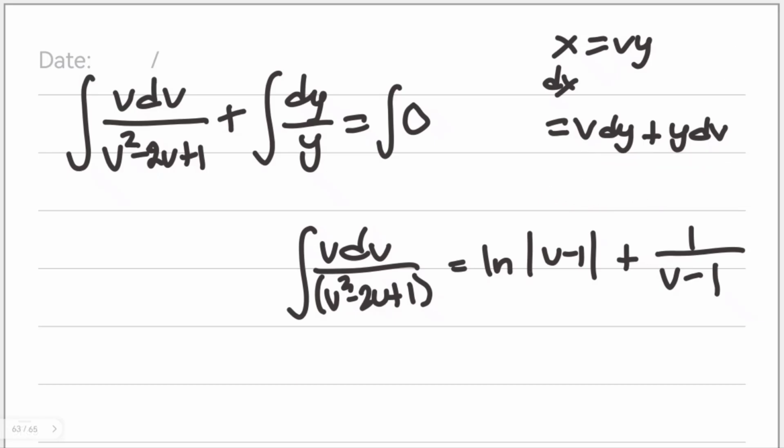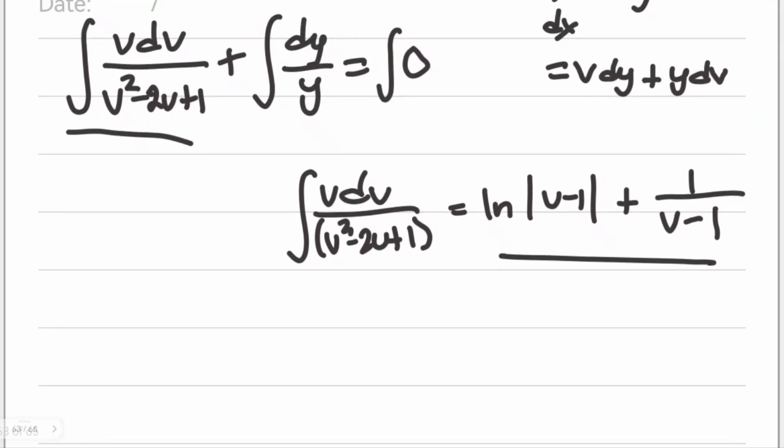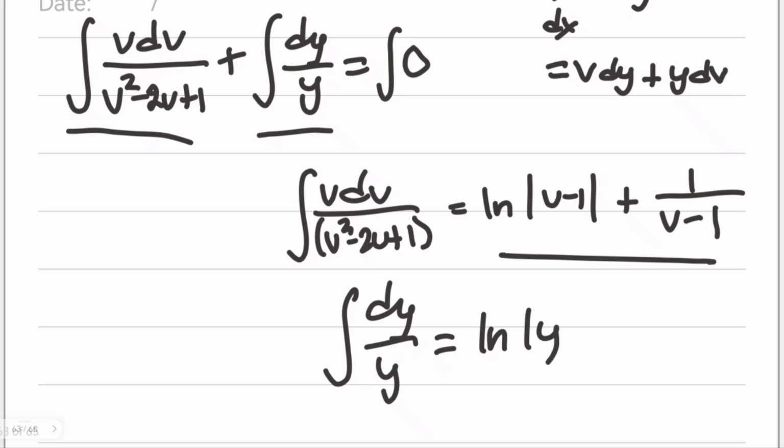So let's just continue to our form, as this is only the result of this first, and then you will have, of course, the result of the second, dy over y, which is simply the natural logarithm of y plus c.